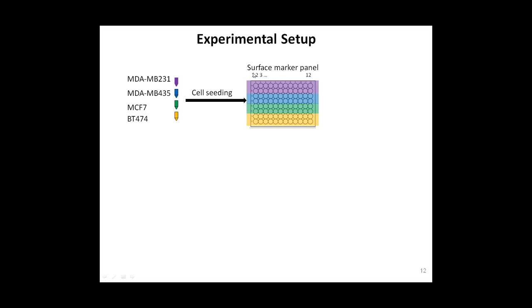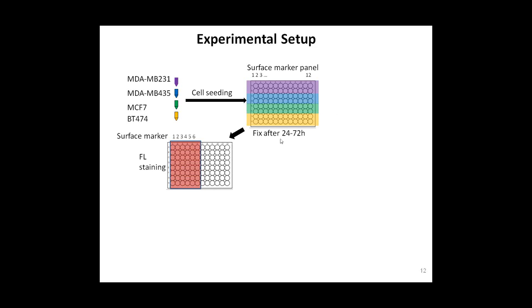For each column, we plan to stain with a different surface marker or protein marker of interest. Theoretically, we can stain the whole 96 well plate with 12 different markers and 4 different cell lines, with duplicates. First, we fix and stain with 6 surface markers, in this case looking at the fluorescent staining.